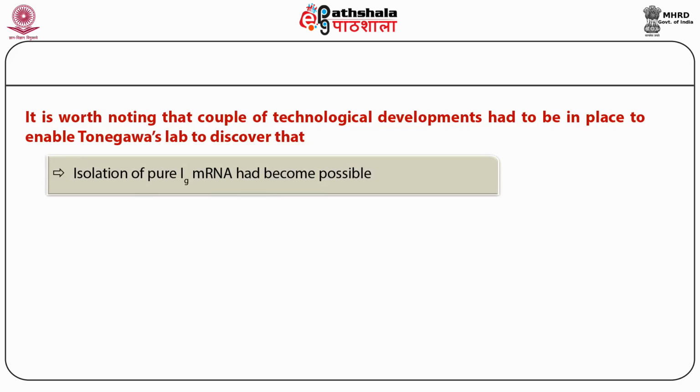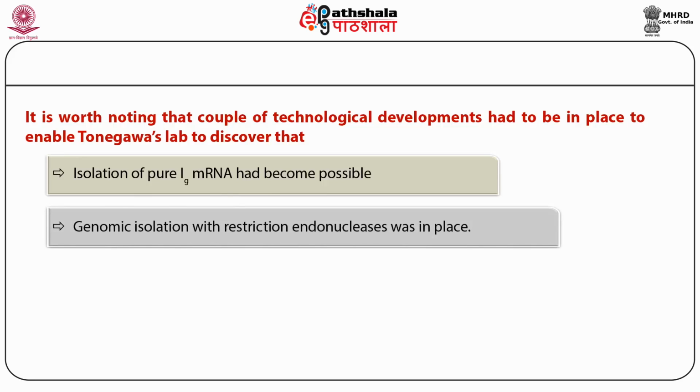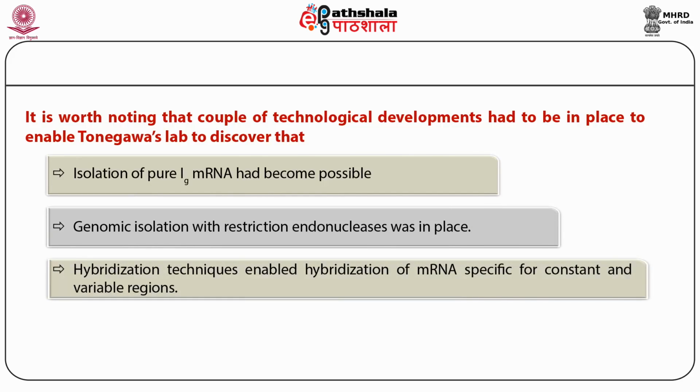Isolation of pure Ig messenger RNA had become possible. Genomic isolation with restriction endonucleases was in place. Hybridization techniques enabled hybridization of messenger RNA specific for constant and variable regions. Thus, Dreyer and Bennett were ahead of their times.